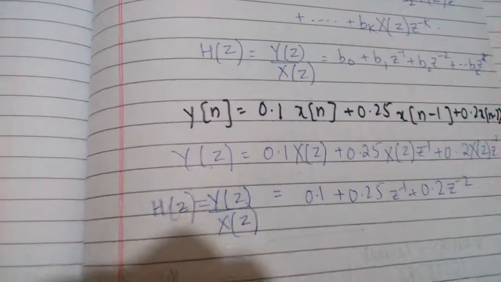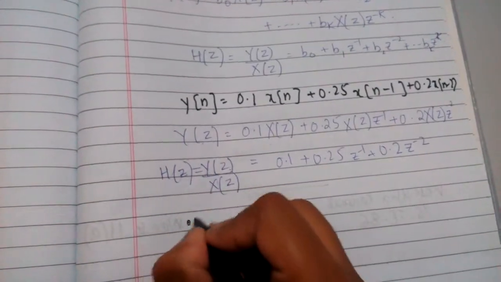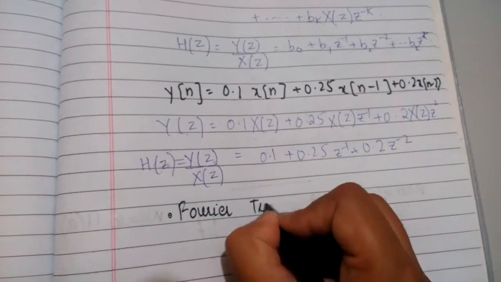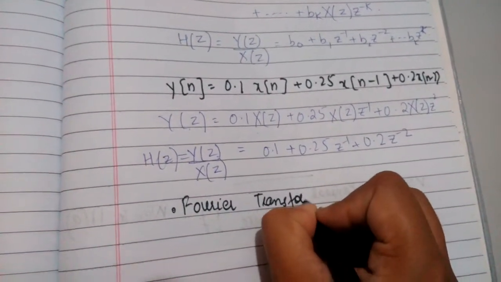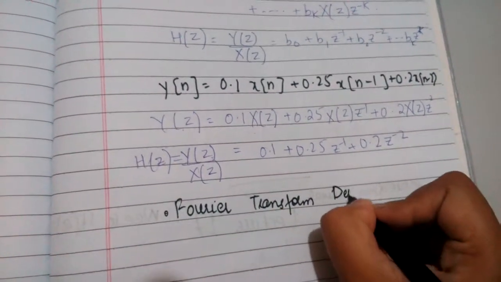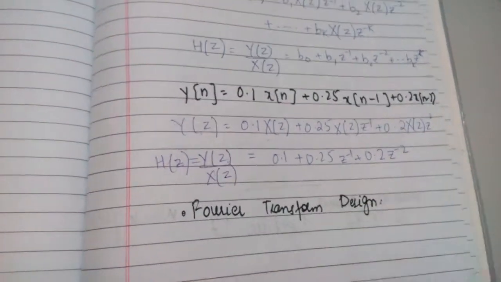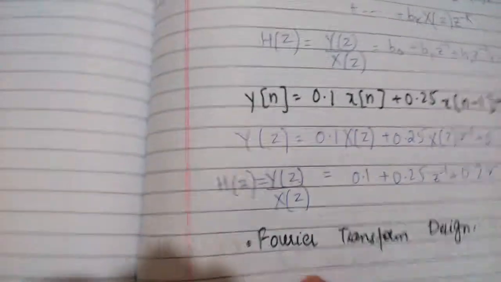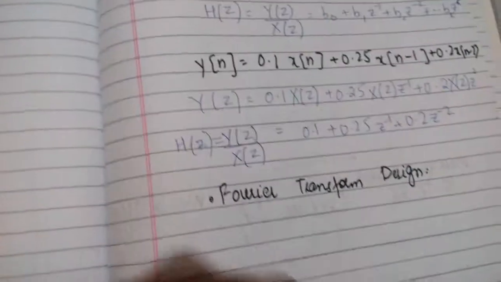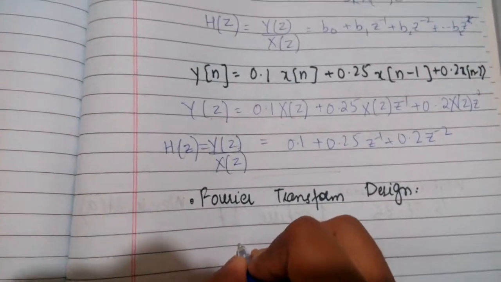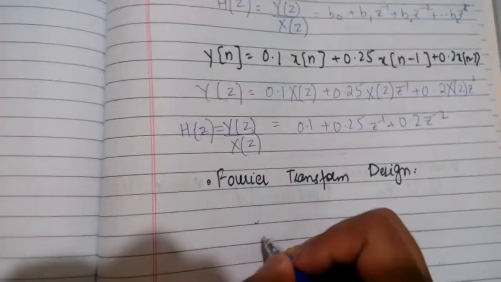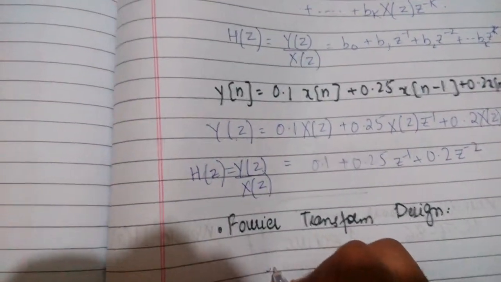Next topic is Fourier transform design. We have a derivation to find the h of n for n equal to 0 and for n not equal to 0.